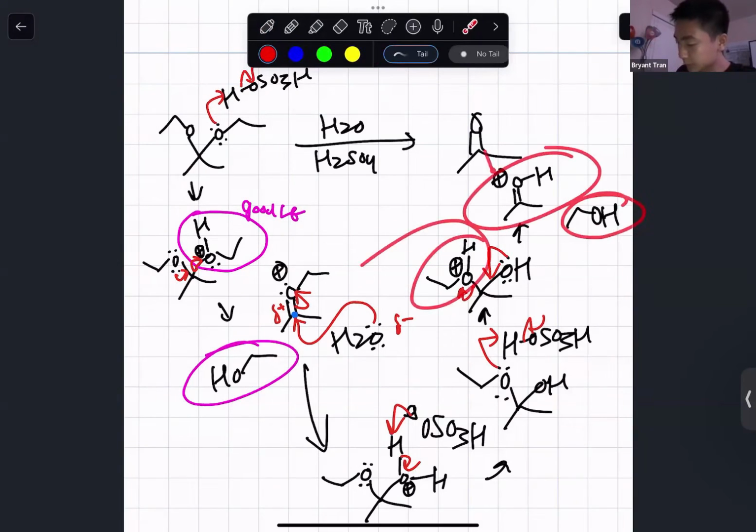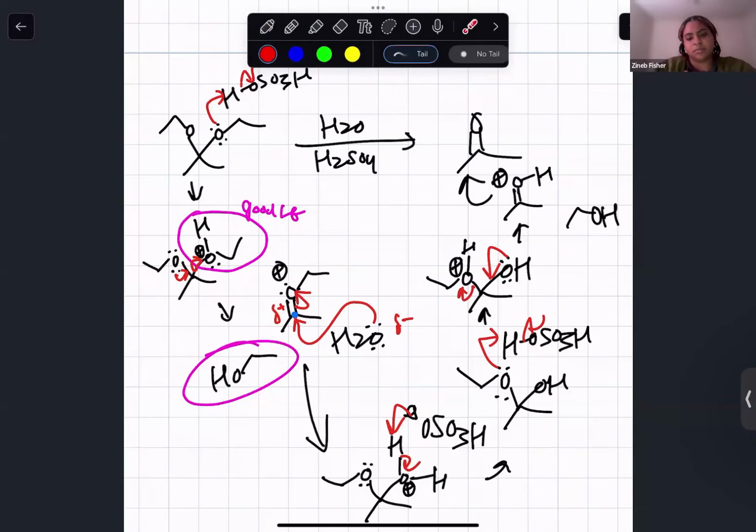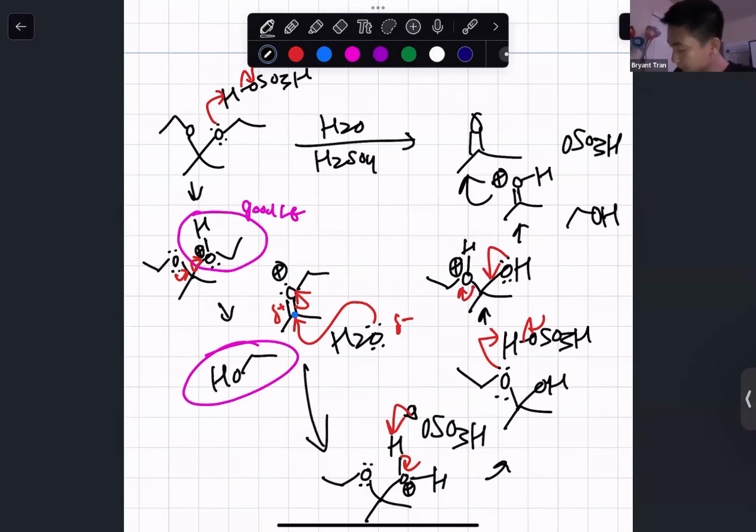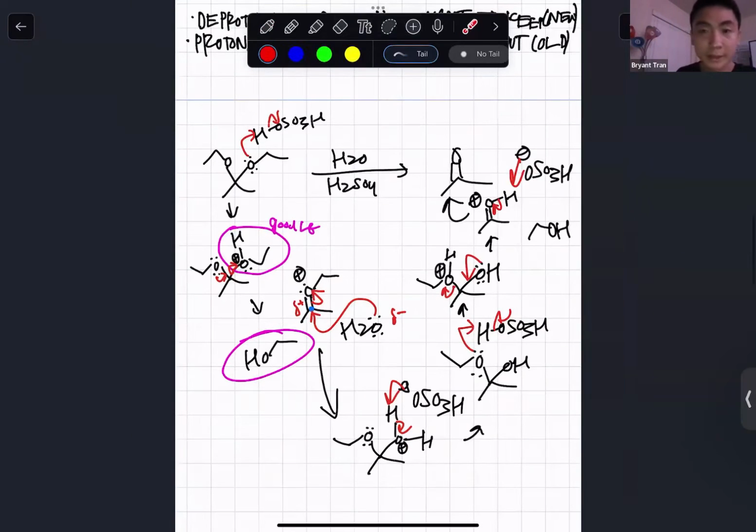Now, what can we do to get to the final answer here? Protonated again? Yep. Get rid of that proton with the HSO4 minus. Boom, boom. And then we reform our acid catalyst and get our final desired product there, like that.